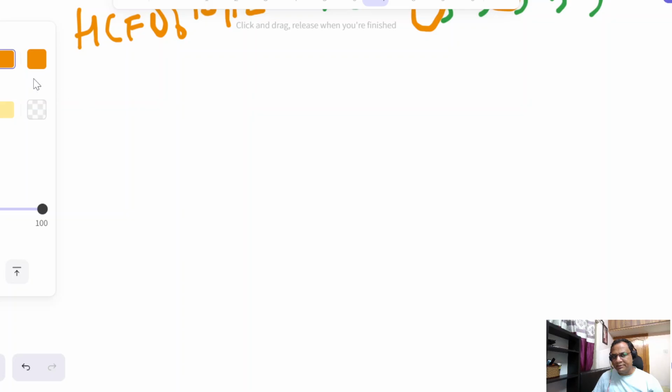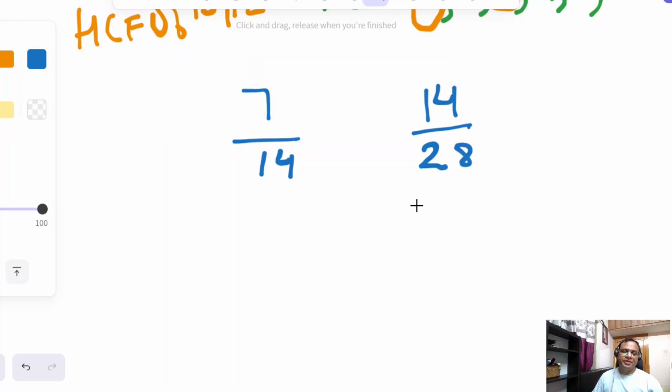Let's take an example, 7 over 14 and 14 upon 28. Are these equivalent? By looking at them, we cannot figure it out. Either we should reduce to the lowest term, or else use the method which I'm about to discuss.